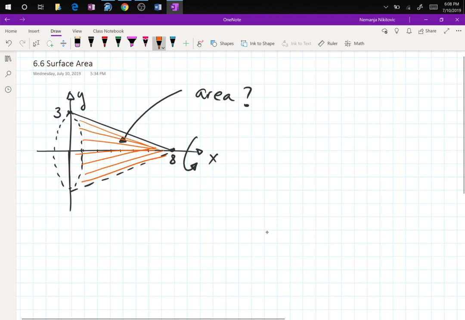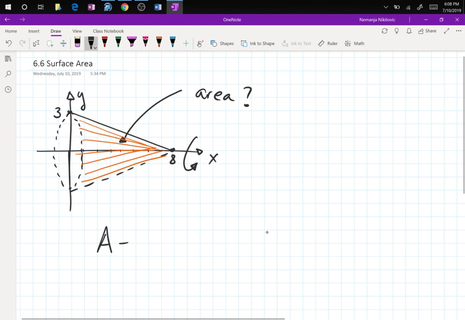Now, if you take a closer look, we do have the length of a curve. And if I have a length of curve, I can multiply that by the rotation, and I will get the area of the wrapper.